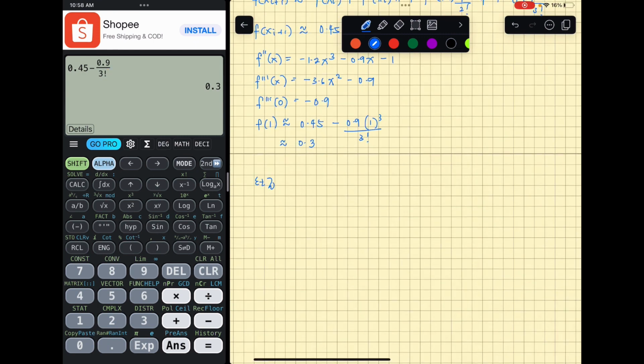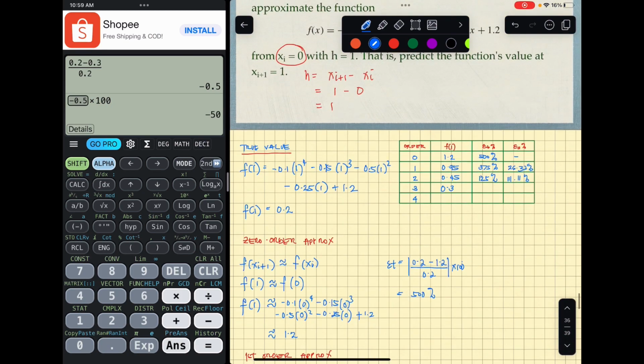So for the true error, 0.2 minus 0.3 over 0.2. So that is 0.1 divided by 0.2, times 100, so that is approximately 50%. Am I correct? 0.2 minus 0.3 over 0.2, 50%, so it's correct. So this is 50%.